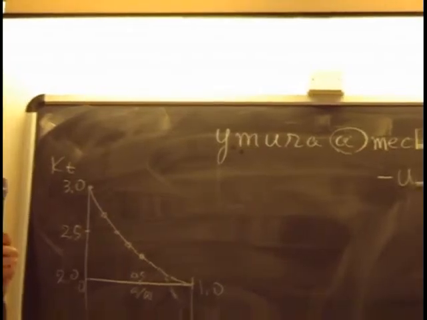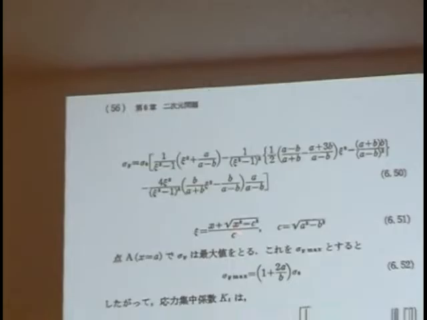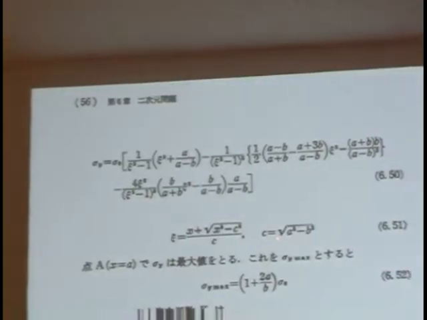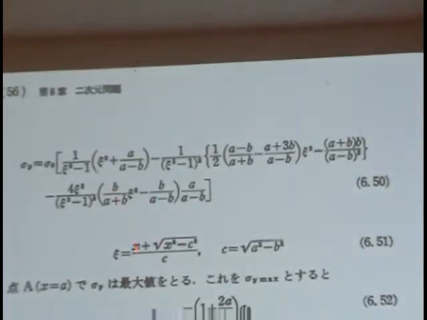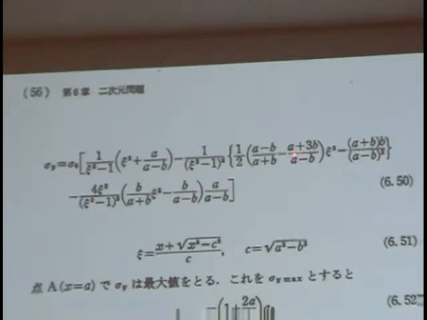This is the solution for an elliptical hole. Okay? So in case of a crack, we put B equals 0. B equals 0 means C equals A. And this term becomes 0.